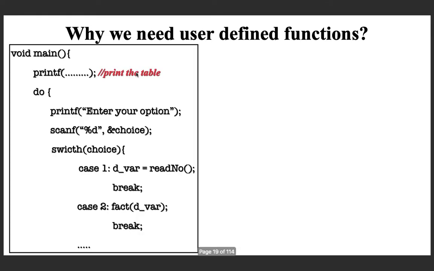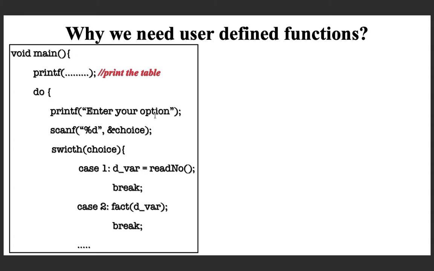We can see when you use user-defined functions, your main function will look something like this. In the printf statement, you print the table that I have shown. You can decide how to print; you may not have to worry about the lines and all, you just display that information. Then enter your option.